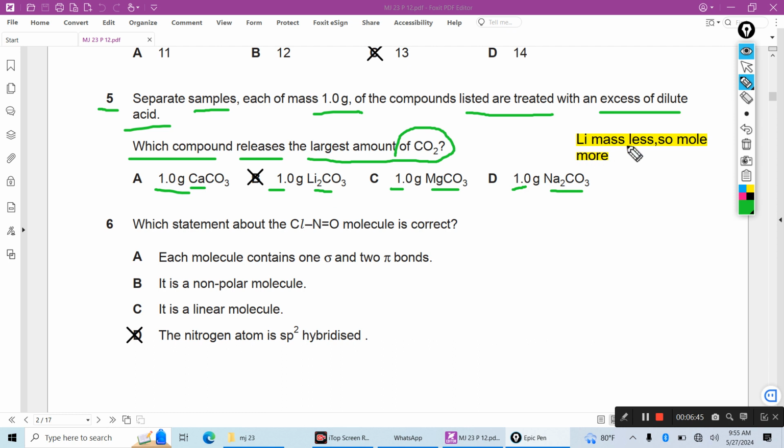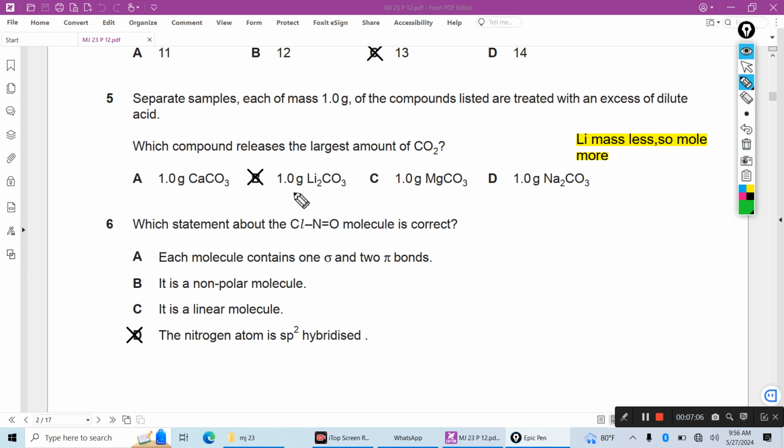The relative atomic mass of lithium is less, so the molecular mass of lithium carbonate will be less. So moles of lithium carbonate will be greater, because if you divide by a small number, the value of moles will be greater. As lithium carbonate moles are greater, moles of carbon dioxide will be greater and volume will be more. But calcium, magnesium and sodium carbonates will have smaller moles because their relative atomic masses are higher.